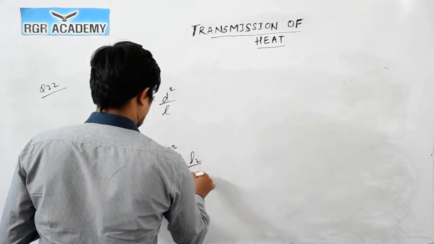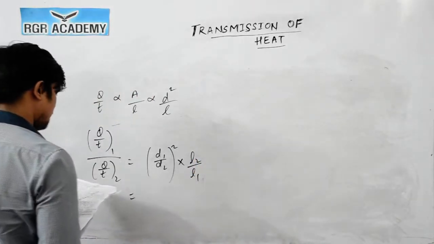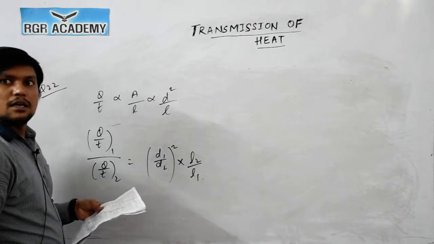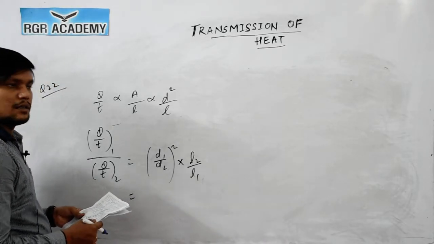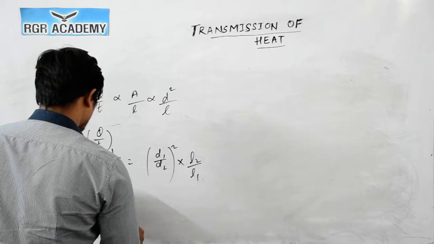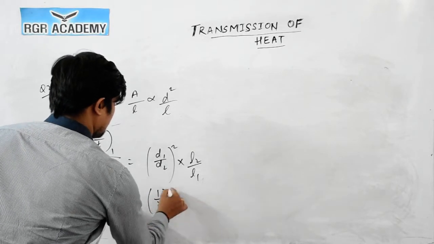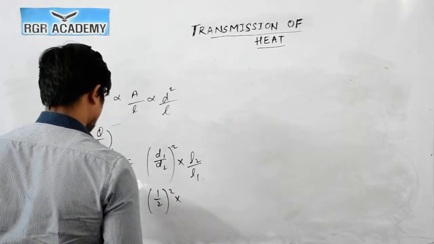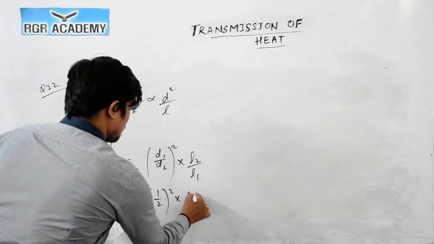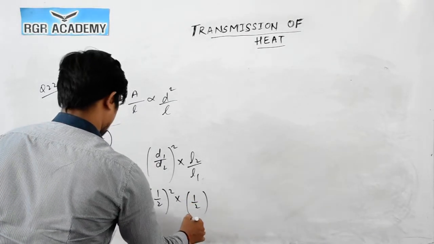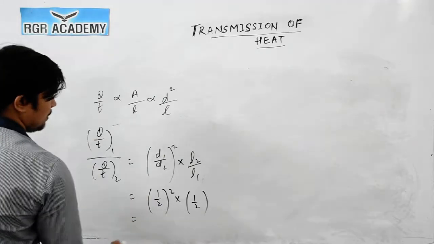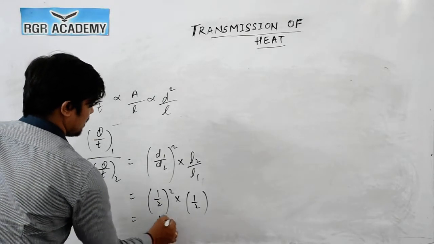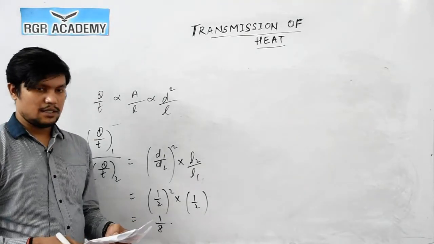The diameters are in ratio 1:2, so d1 by d2 is 1 by 2, squared, into L2 by L1, which is 1 by 2. So how much will you get? This will be 4 into 2, so 1 by 8. Okay. So the answer to question number 22 is option number 1.